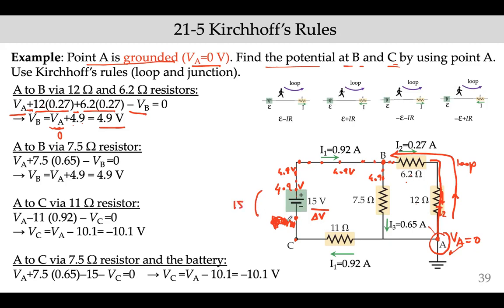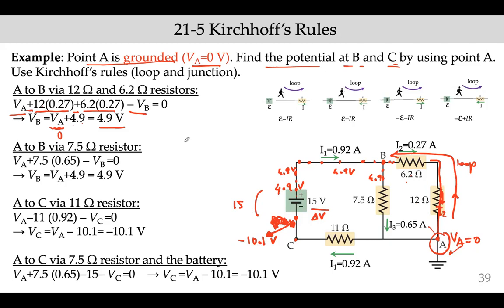That tells us this point should be at a negative value, negative 10.1 volts. You can see that the difference between 4.9 and negative 10.1 is actually 15.